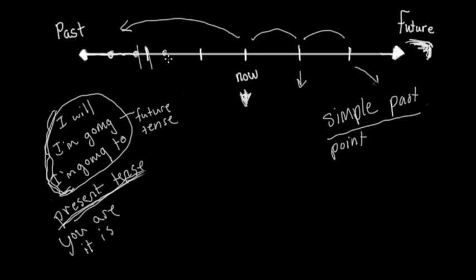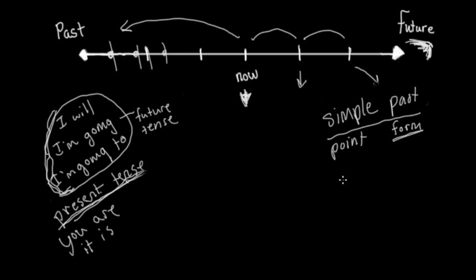Here, or here, or here, or here, or here. Right? Not always, but often it is a single point in the past. And every verb has a simple past form. And you just have to learn those.